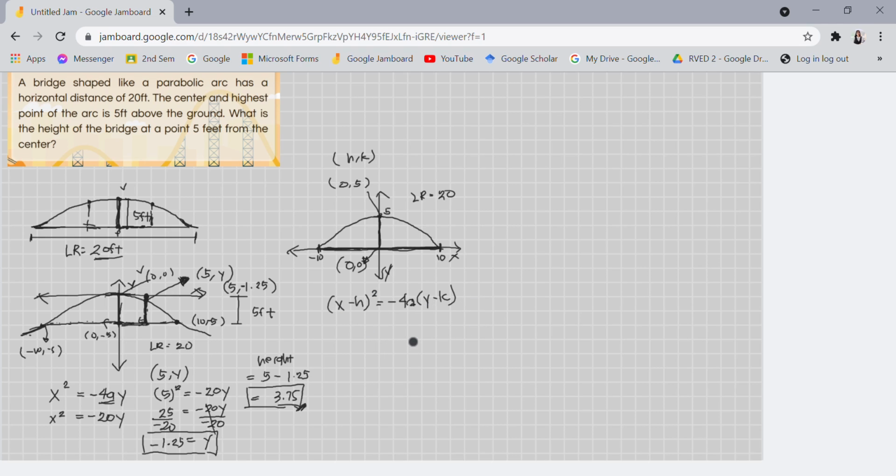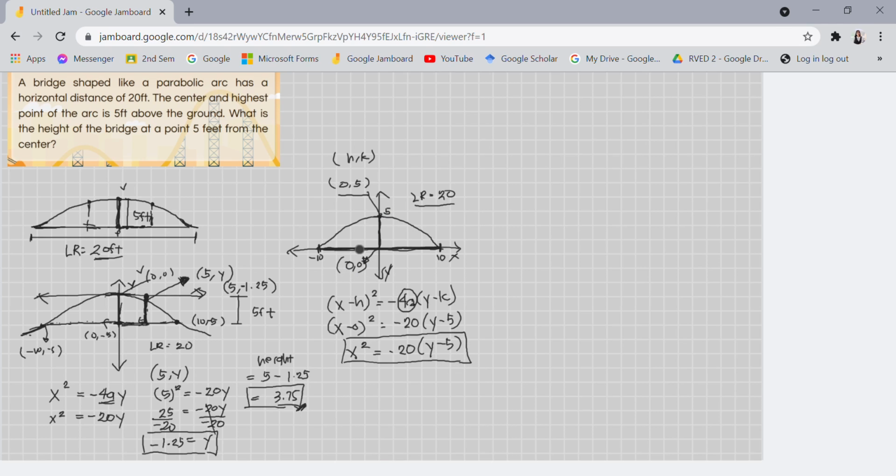So, ang meron tayo in the problem is the vertex at 0, 5 and then the length of latus rectum 20. So, substitute natin, (x minus 0) squared is equal to negative 20, your length of latus rectum is 20, and then you have (y minus 5). Okay. So, our defining equation now will be x squared is equal to negative 20 times (y minus 5). This is now your standard form of equation based on the problem.